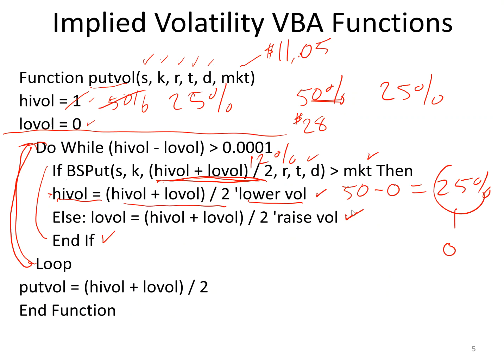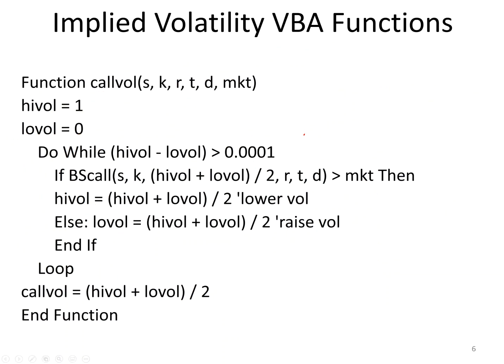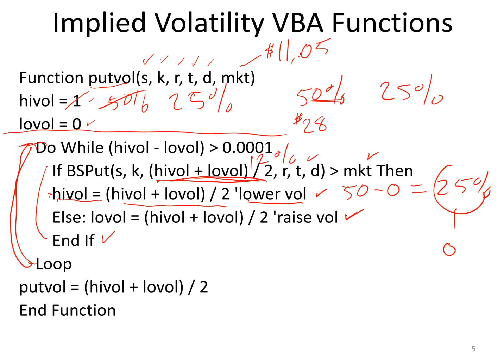So go back to my program. It's now going to go back to the loop. It's going to value at 12%. It's going to be too low. So it's not going to execute this line of code. It's going to execute the else line of code in the if-then statement.